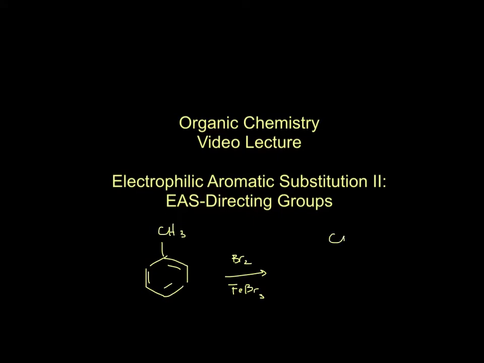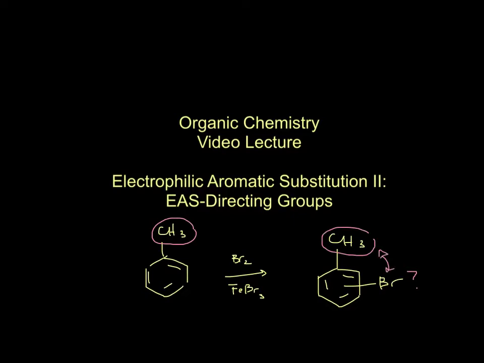And so the product would have that bromine attached to the benzene ring, but the question is where? So we'd have a bromine attached somewhere, but that's what we're going to be looking at today, is how do groups already on a benzene ring impact the location where that electrophilic aromatic substitution product is going to occur.